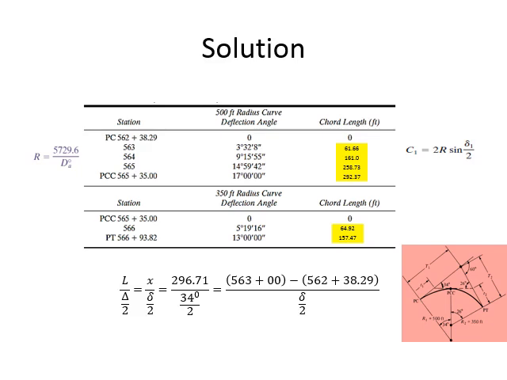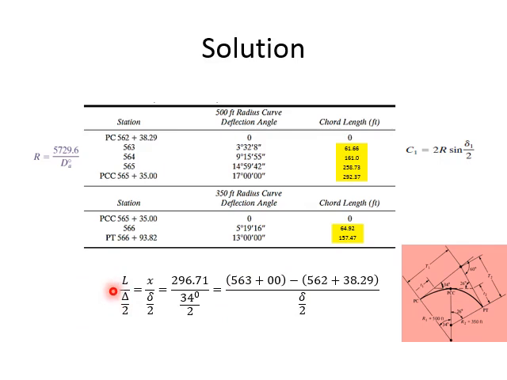We have made this table earlier as well. We start with PC here, and the next station is at 563. At the first point we don't have anything, deflection angle and chord length are 0, 0. At the next point we take the difference between them, so that will be the distance, and then you do the ratio again like we did previously: complete length upon delta, half of the complete angle.